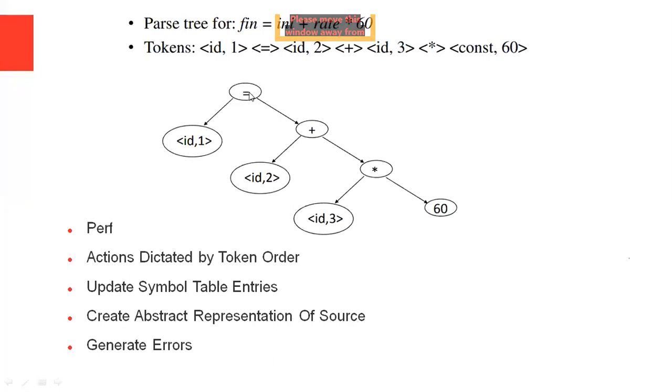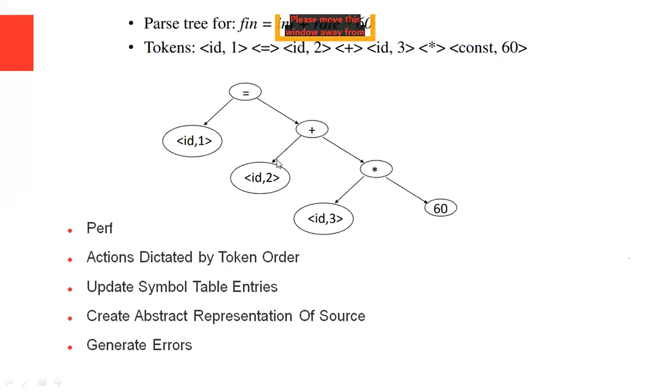So equals to, we are using the nodes. So we are using the operations as the nodes, and functions or operands can be used in the leaves. So equal to is the operation. So we are using equal to id comma 1. So this is the leaf node and this is the root node.